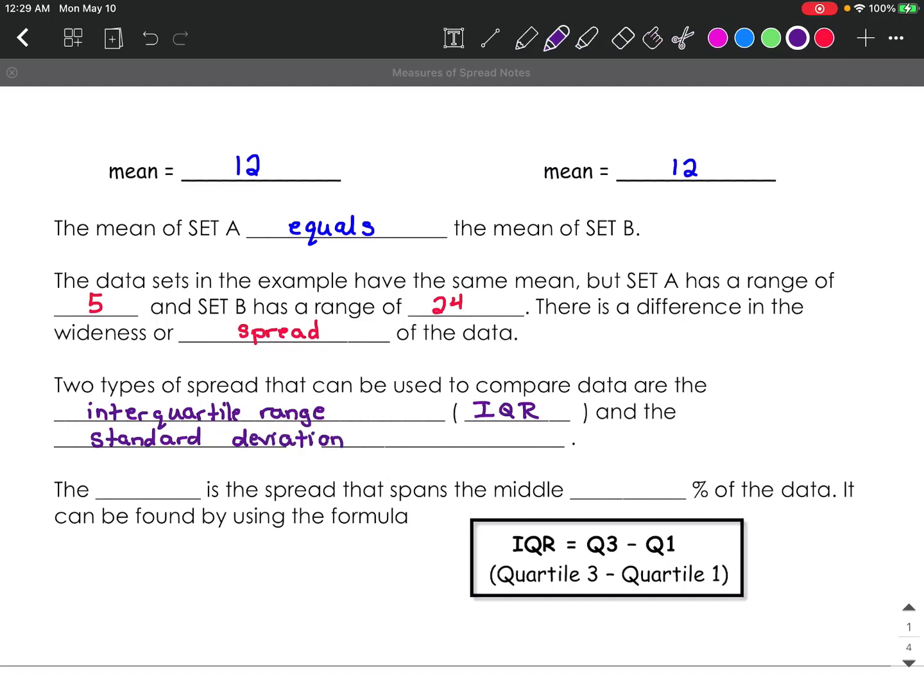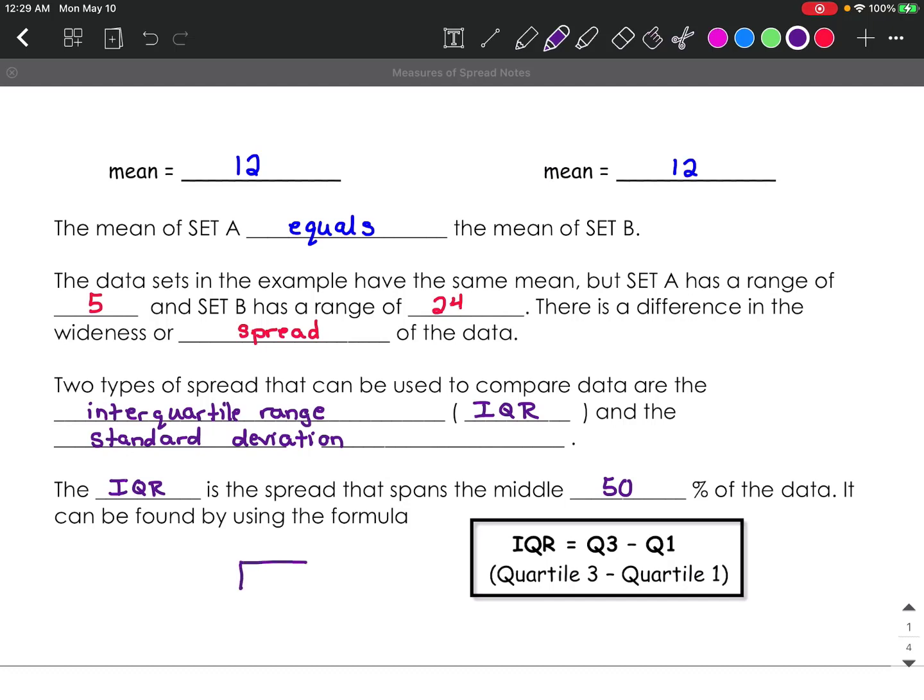Okay, so those are the 2 that we're talking about. Now let's talk about the IQR first. The interquartile range, or the IQR, is the spread that spans the middle 50% of the data. Okay, and what you do is you find the third quartile and the first quartile, and you subtract them.